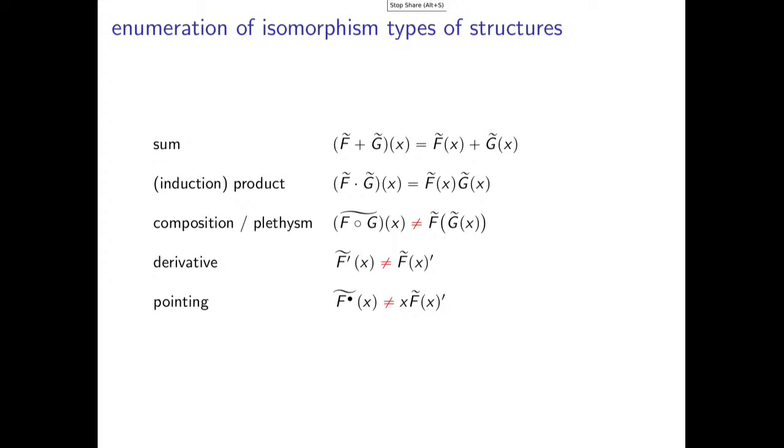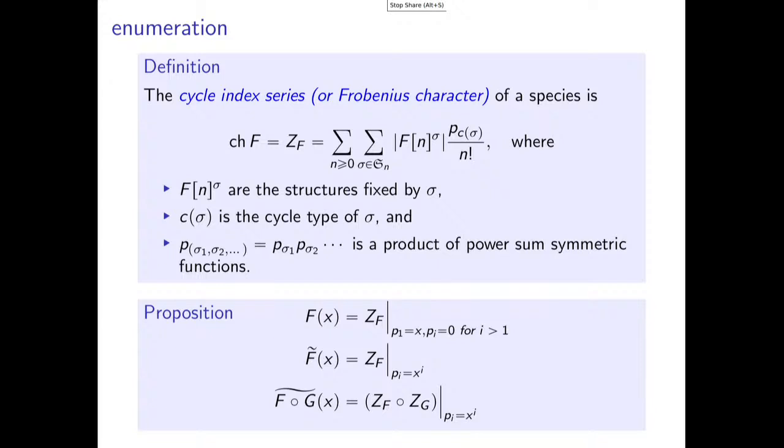So you need something more. And this is the so-called Frobenius character or cycle index series, which is, if you know some representation theory, just when you go from representations of the symmetric group to Schur functions. That's exactly what's happening here.